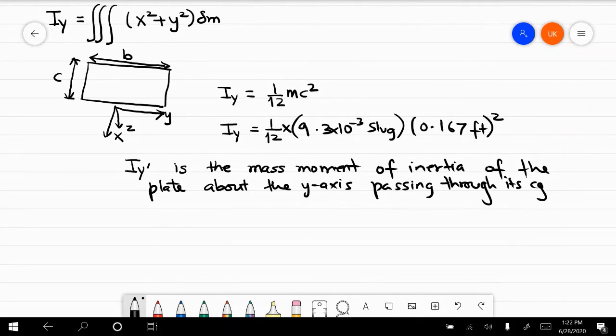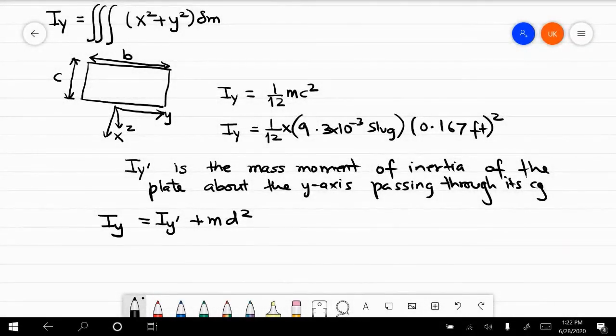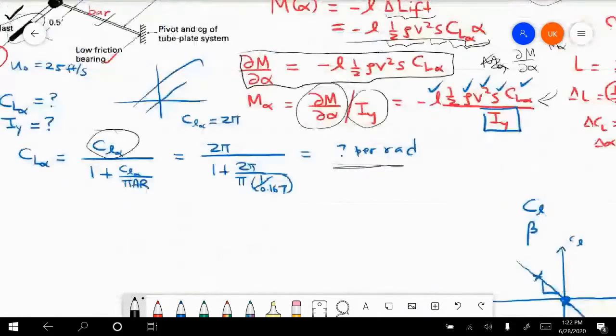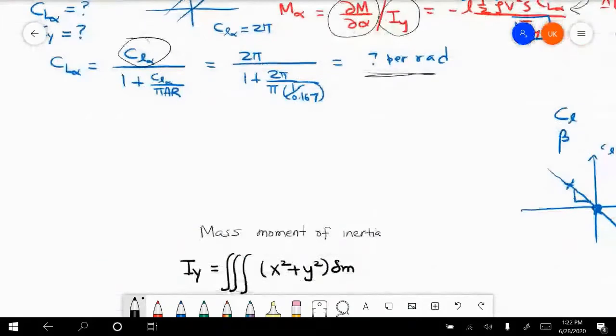So that can be obtained by applying this equation, the parallel axis theorem. The mass moment of inertia about the overall center of gravity is equal to Iy prime plus the mass of the plate times d square, where d is the distance between the two centers of gravity. So you look at the figure. This d is the distance between the CG of the plate and the CG about which you want to calculate the mass moment of inertia.